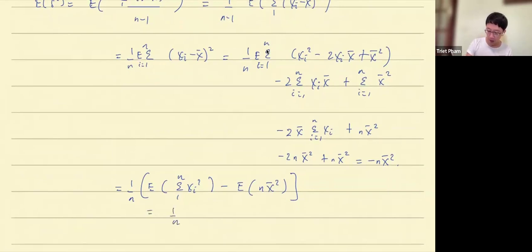Because the xi are IID, well, let me just do it slowly. The sum of the expectation of xi squared, and then minus n times the expectation of x bar squared.